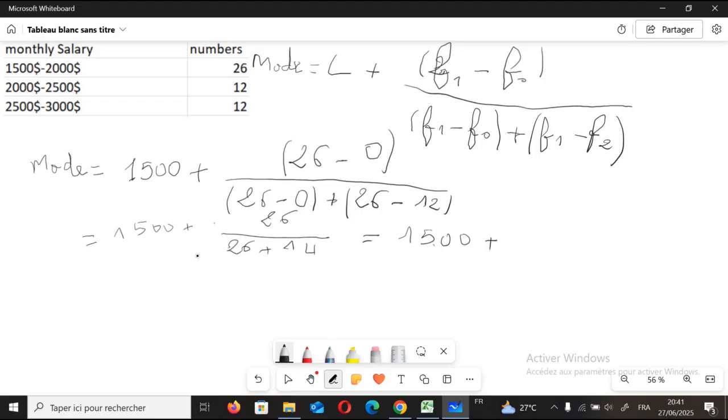Let's calculate this number: 26 divided by 26 plus 14. It will give us 0.65.